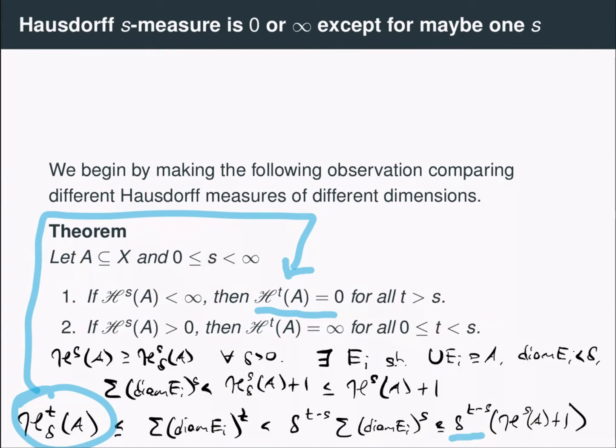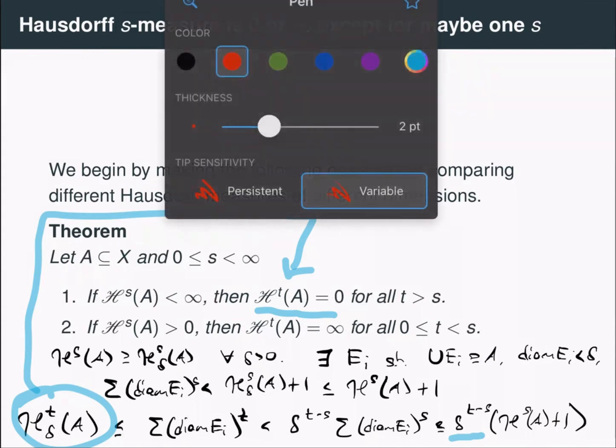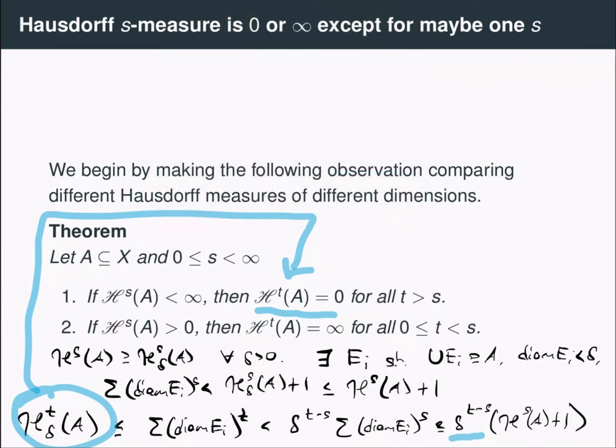So let's observe the following consequence of this theorem. Let S naught equal the infimum of all values S for which the S measure of A is finite.